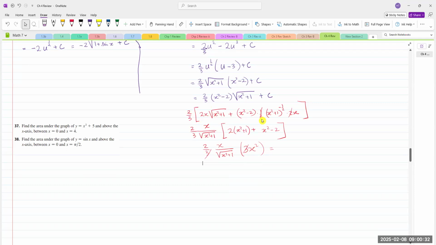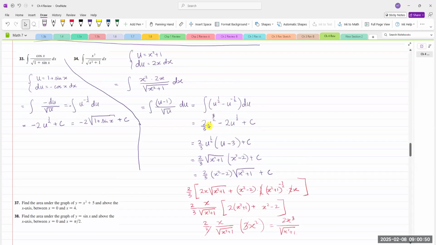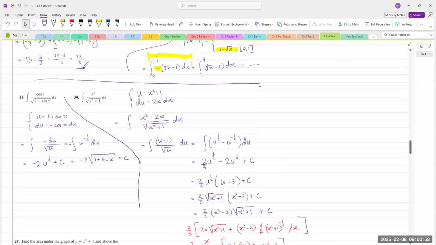Yeah, I end up with 2x cubed over square root of x squared plus 1. Where's the 2 coming from? Let's see. Let me check. I don't think I made a mistake.